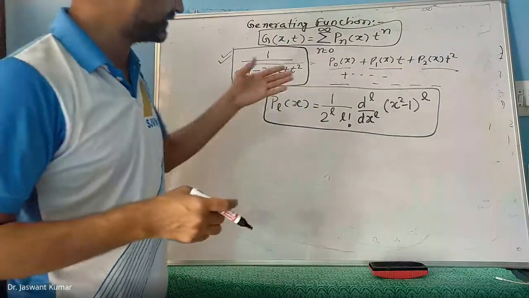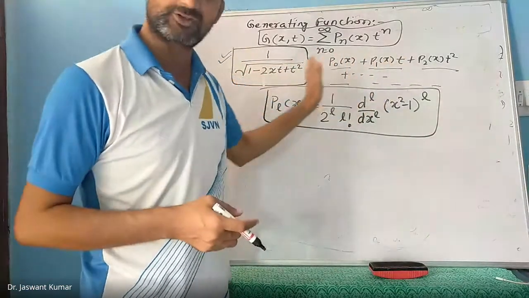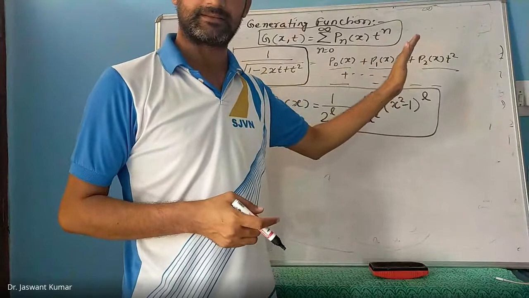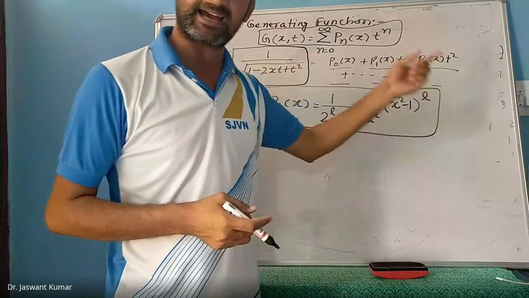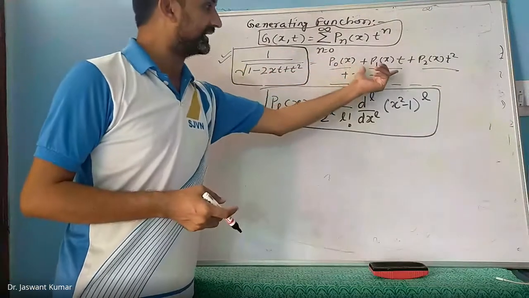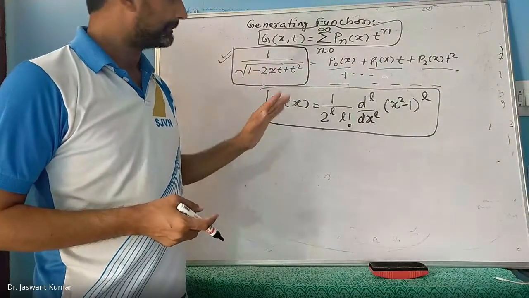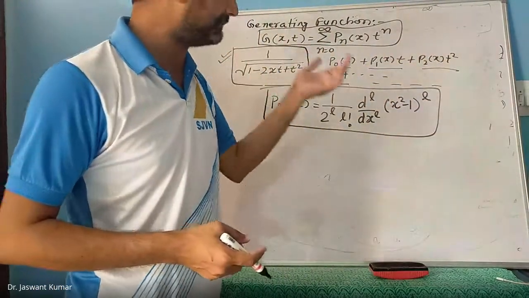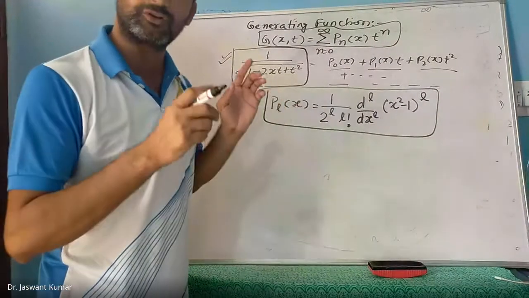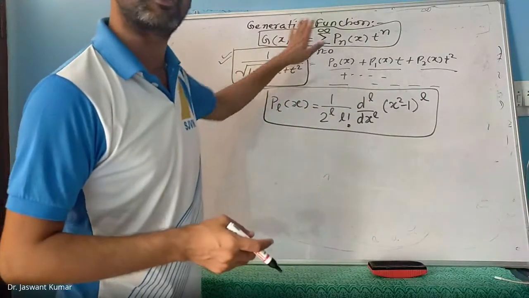What that function is we do not know, but it is the job of researchers to find it. A set of researchers found that this can be equal to this. But one infinite summation can be done in different ways, so you should not be surprised if tomorrow you get another generating function for P_n(x).